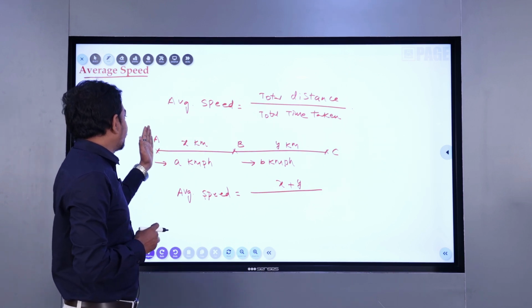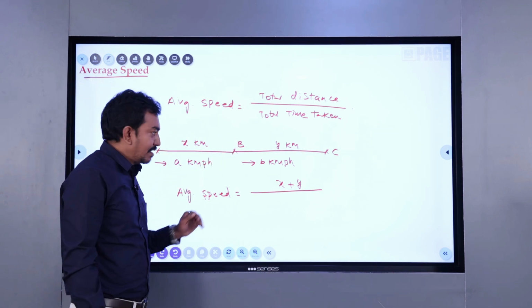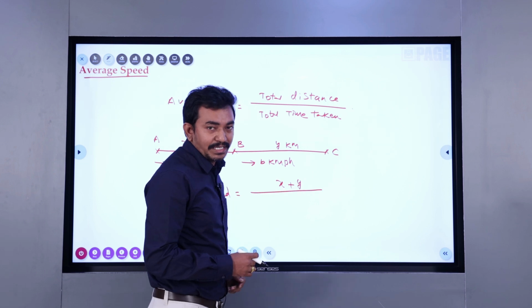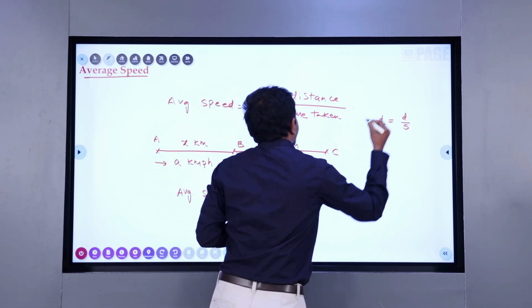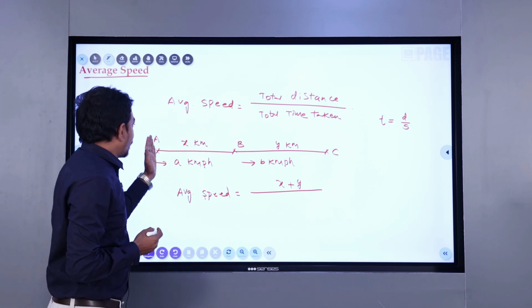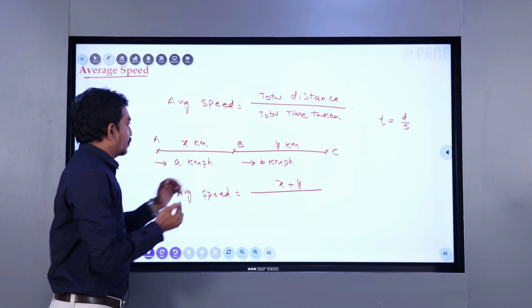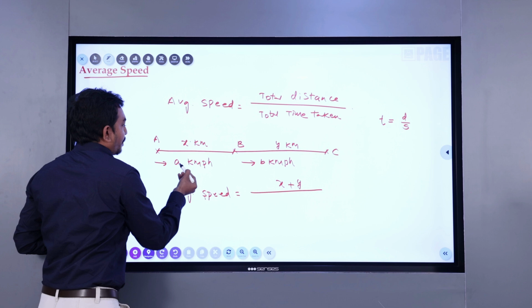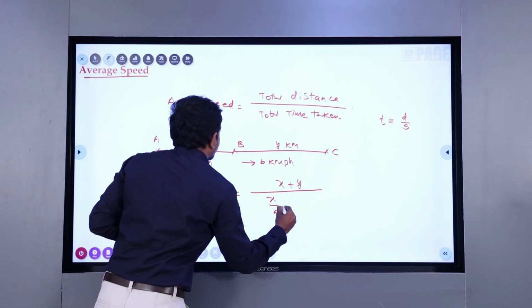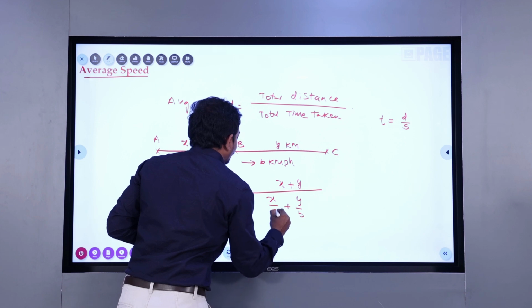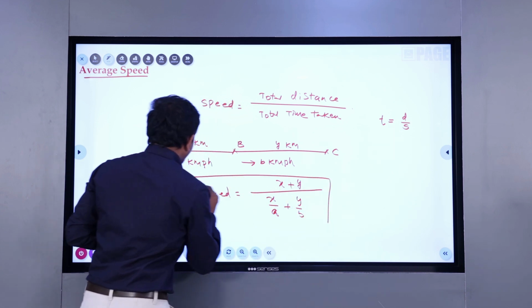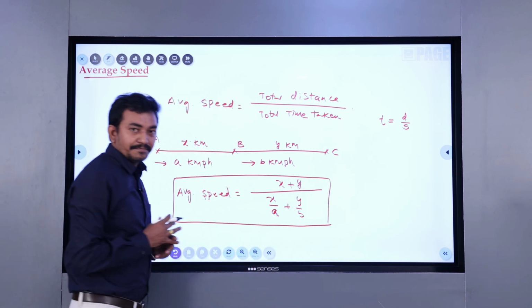It is time taken from A to B plus time taken from B to C. We know that time is equal to distance by speed. So here the time taken from A to B is equal to distance by speed, x by A, plus y by B.